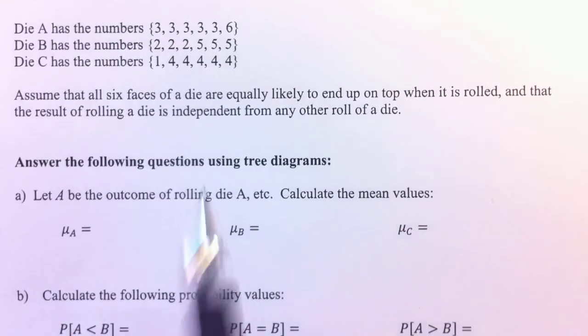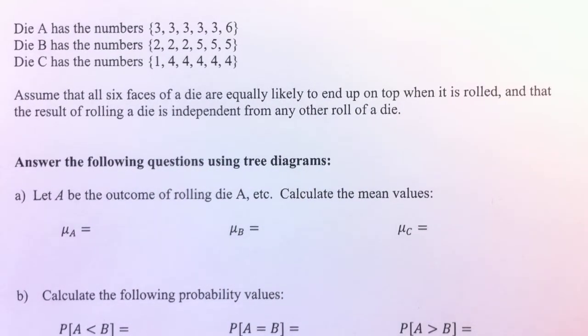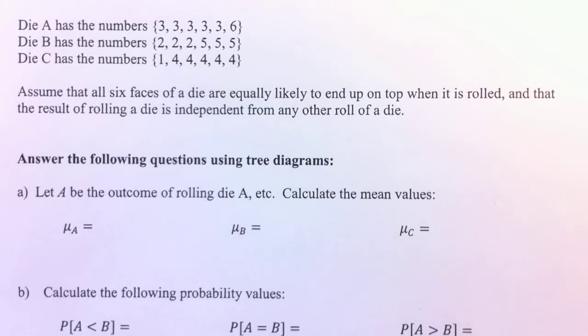First of all, assume that each of the 6 faces is equally likely to occur when you roll a die. So that's called a fair die. And when you roll one die, the result is independent of rolling any other die, including the same one. So that means there's no memory effect.